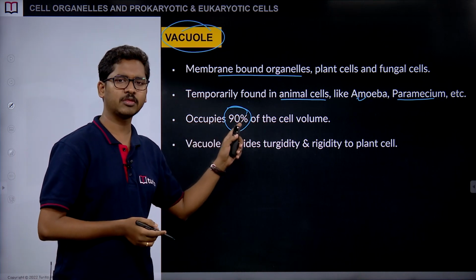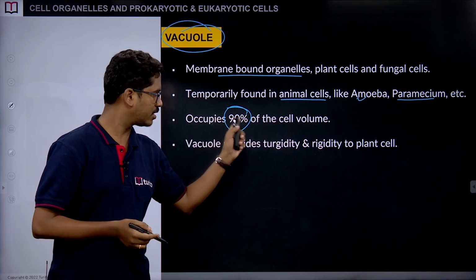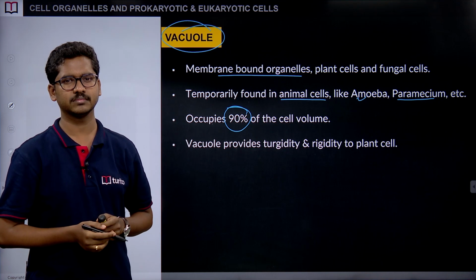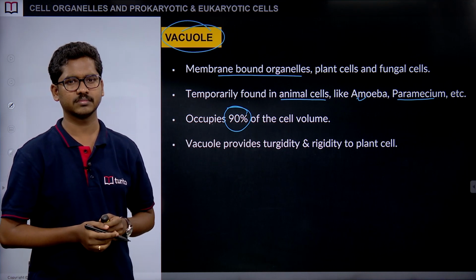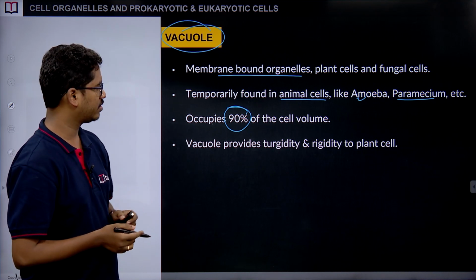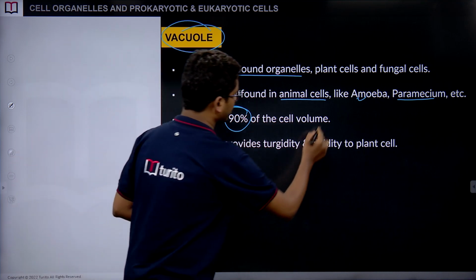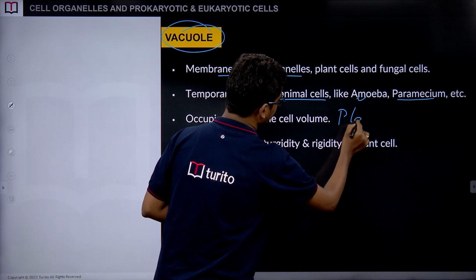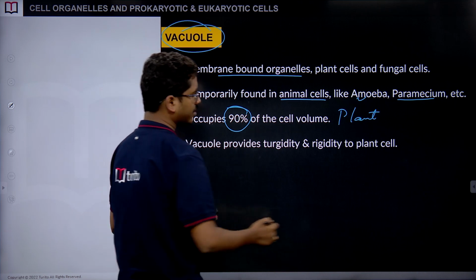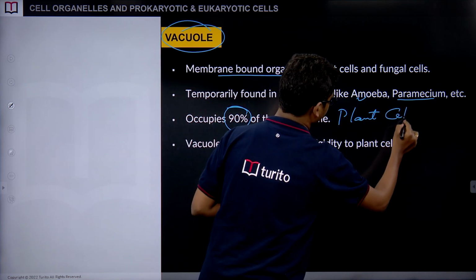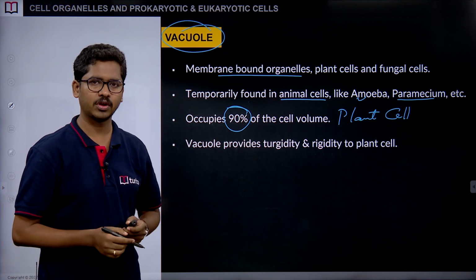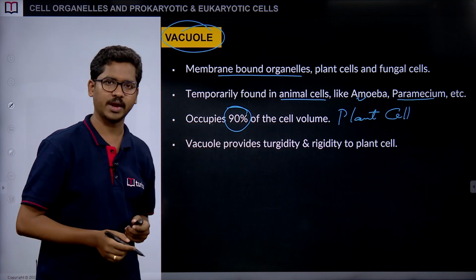Can you tell me in this particular statement which cell is referred here? Okay. So, I see you are dropping in the correct answer. When it is said 90% of the cell volume is occupied, it is referring to the plant cell. So, that is where you see 90% of the cell volume is occupied by this vacuole in the plant cell.